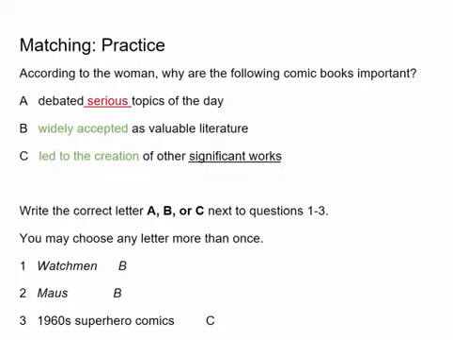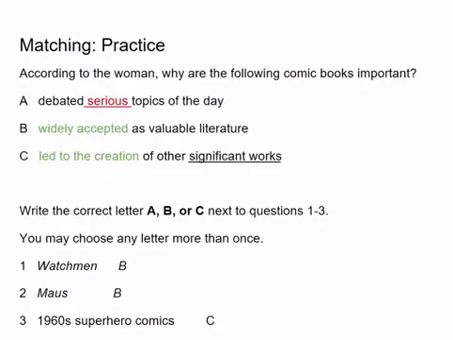Now, A might have been tempting, but the tricky word, the word that was put in there to possibly cause problems, is the word serious there. There's no discussion by either speaker of how these comic books debated serious topics of the day. That would be like discussing controversial issues.